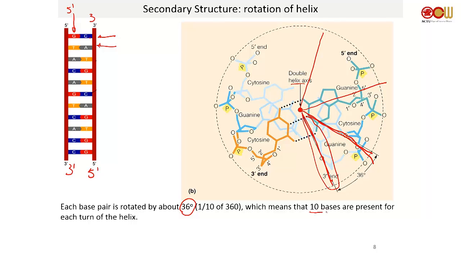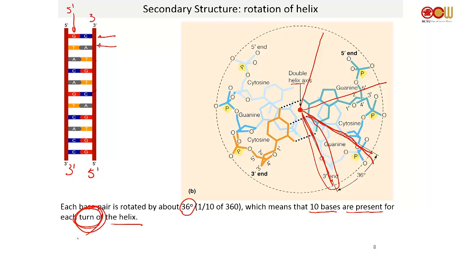When we get to the actual structure, you'll see how it's slightly different. So 10 bases are present for each turn of the helix, meaning every time it completes a circle when viewed from the top, that's a turn.